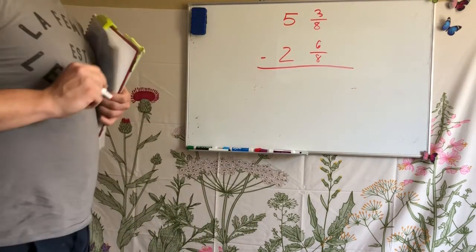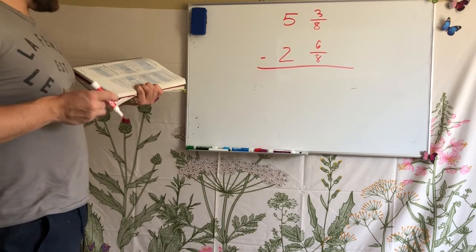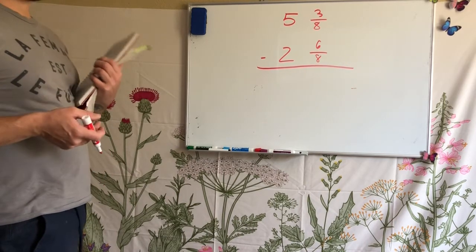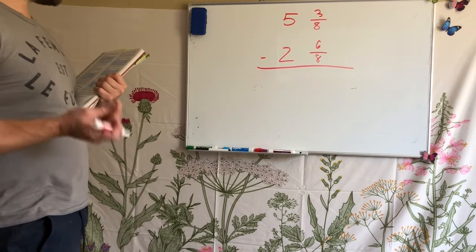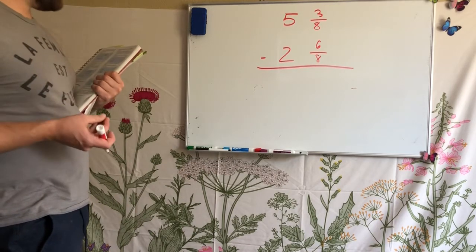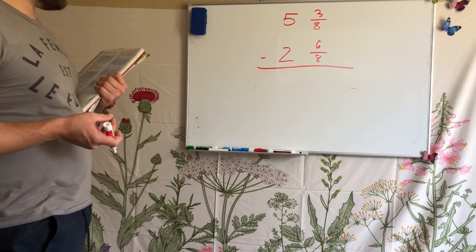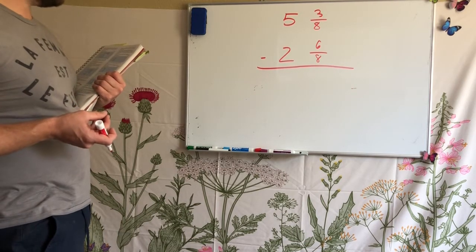Read the problem. Pause the video. 5 3/8 minus 2 6/8. So, pause the video and read the fraction for the fraction piece. 3/8 minus 6/8. Can we work this problem? No. So we rewrite 5 3/8.